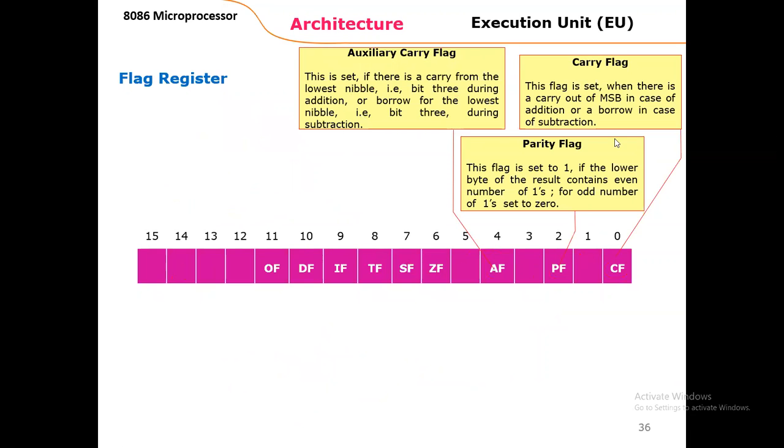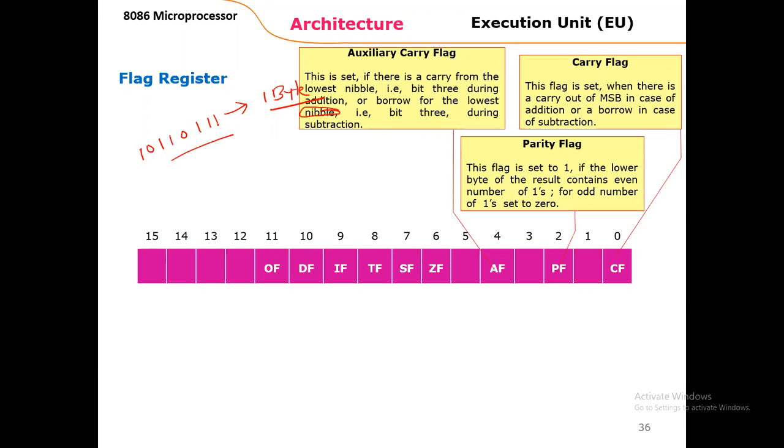This is the nibble. 4 bit data is called a nibble. 8 bit is called a byte. This is 1 byte: 1, 2, 3, 4, 5, 6, 7, 8. This is a single bit.